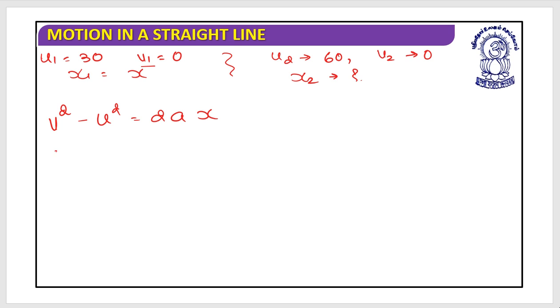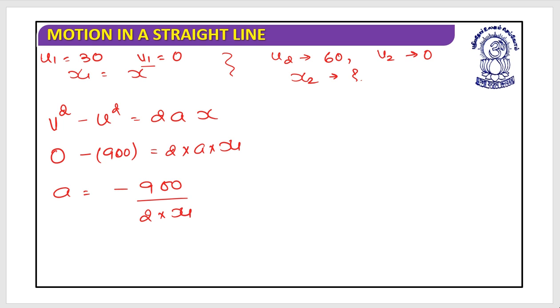So the final velocity is 0 minus u square, that is the square of 30, which is 900, equal to 2 multiplied by a multiplied by x1. So if I try to find the acceleration, it would be minus 900 divided by 2 into x1.